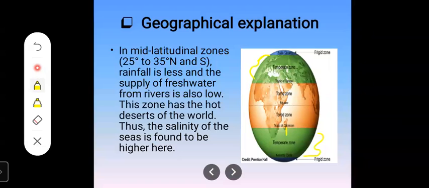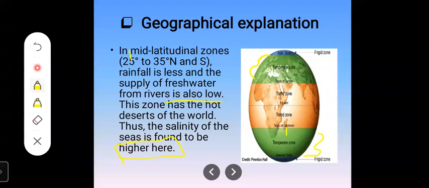So in this region the rainfall is less and the supply of fresh water from rivers is also low. This zone has the hot deserts of the world. Thus the salinity of the seas is found to be higher here, because in this area the rainfall is less, so the supply of fresh water will also be less.